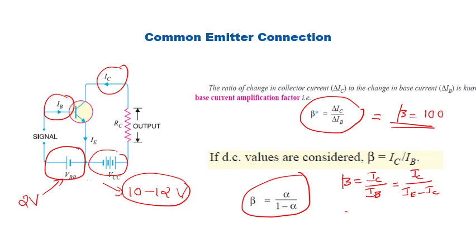Now both denominator and numerator we divide with IE. So this becomes 1 minus IC by IE. So this IC by IE is nothing but alpha, and this is 1 minus alpha. So this is how alpha and beta are connected together.